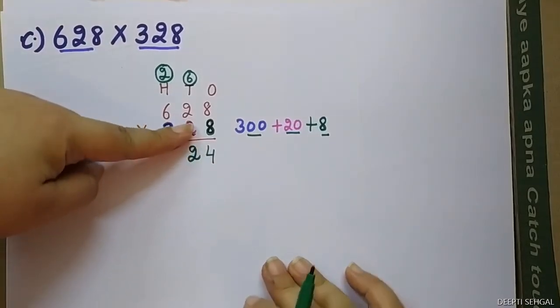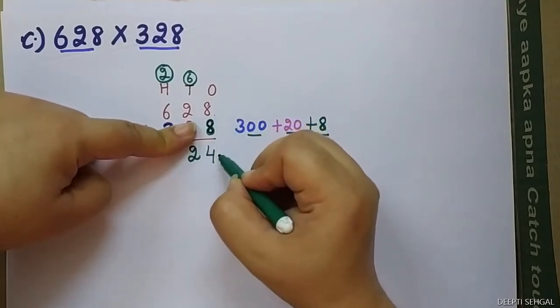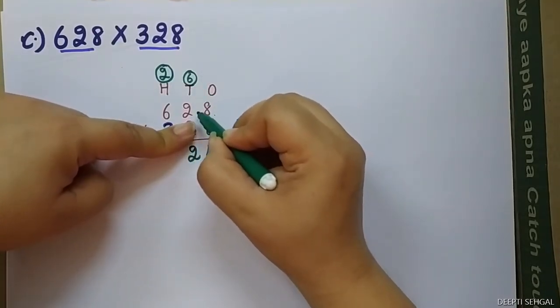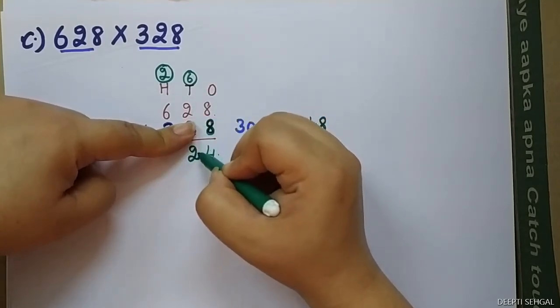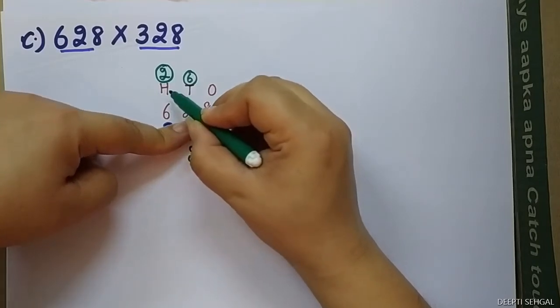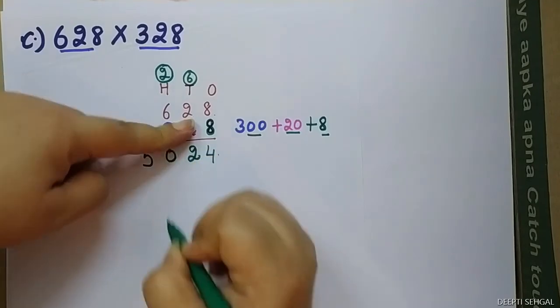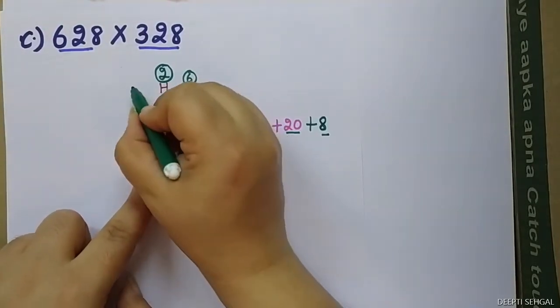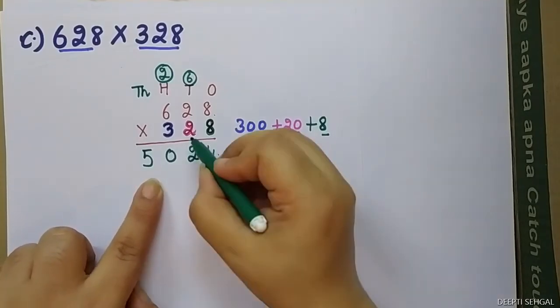We are only multiplying this. So be very careful. 8 multiply by 8, 64. 6 here. 8 multiply by 2, 16. 16 plus 6 is 22. Again 2 is there. Now 8 multiply by 6 is 48. 48 added to 2 will give you 50. And this 5 will come here in thousands place. Okay. Now let's move forward.